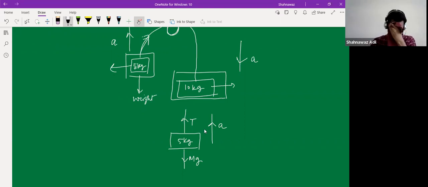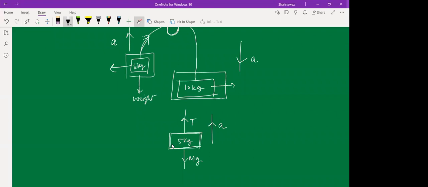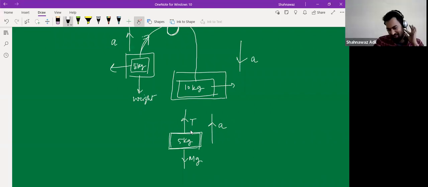Any more forces, Iram? Anna, Tanya, any more forces acting on this block? Air friction. No, we assume that there is no friction in the air, right? So no friction in the air. Okay. So these are all the forces, right?